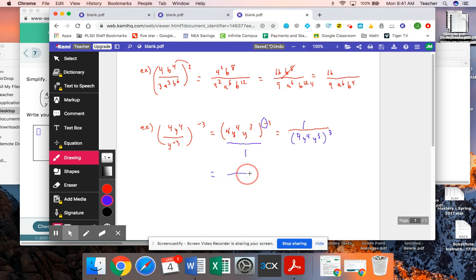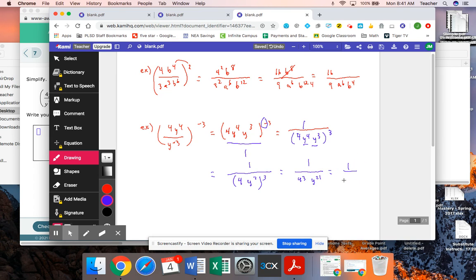Now that I'm done with that, if I look at this, I have y. I can combine this one and this one. That's a 4. When you multiply common bases, you add the exponents, y to the 7th. And that is still to the 3rd power. Or 1, when I raise 4 to the 3rd power, I get 4 to the 3rd, y to the 21st.